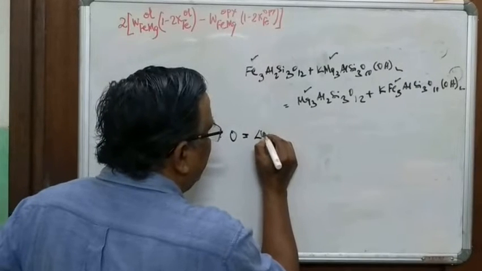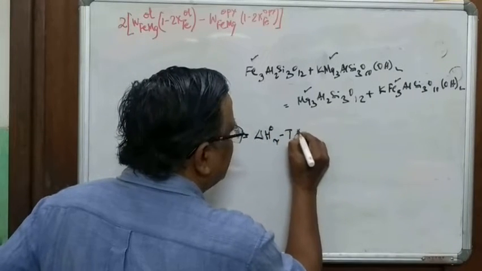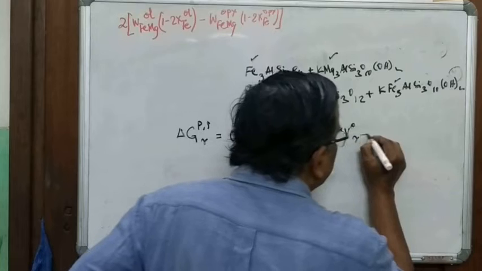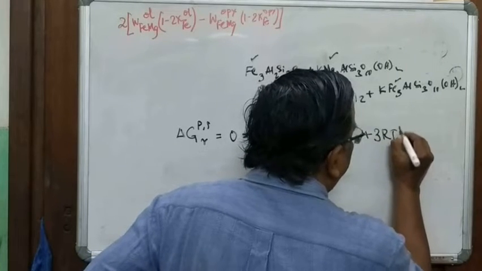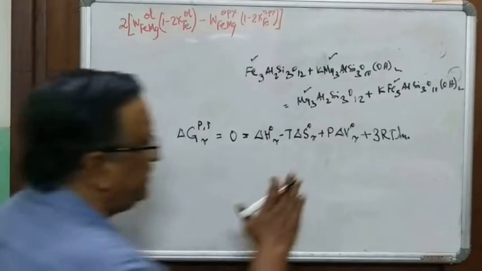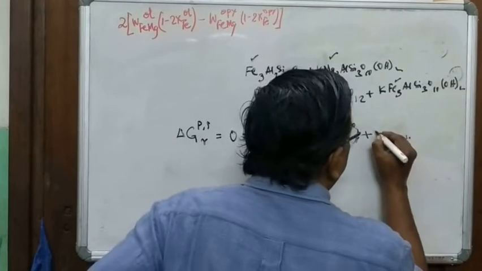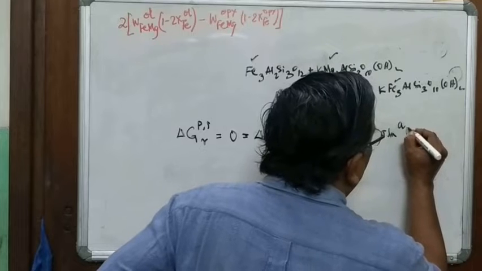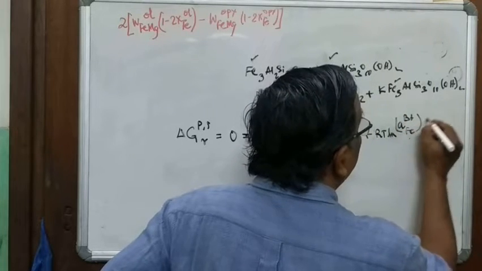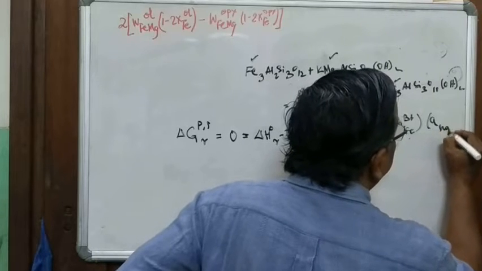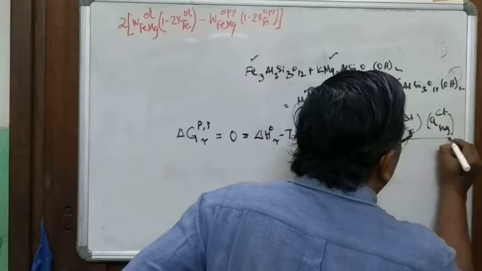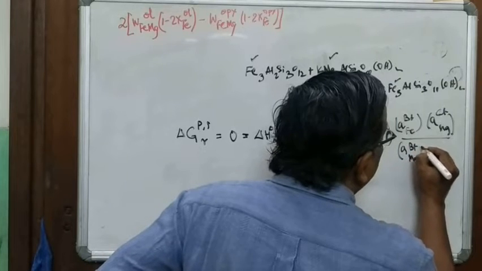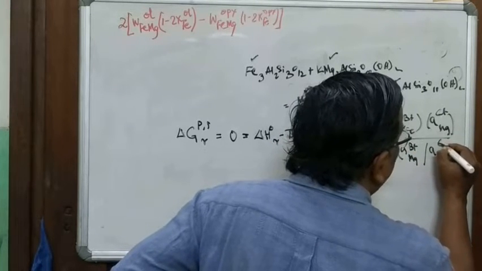Then you will have delta H0 of the reaction minus T delta S0 of the reaction plus P delta V0 of the reaction plus, I'm jumping steps, maybe I should write it like this, RT ln of the activity of iron in biotite times the activity of magnesium in garnet, divided by the activity of magnesium in biotite times the activity of iron in garnet.